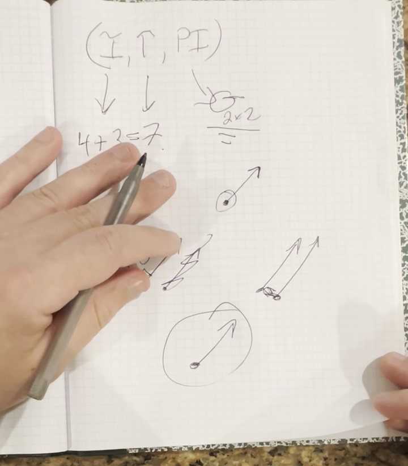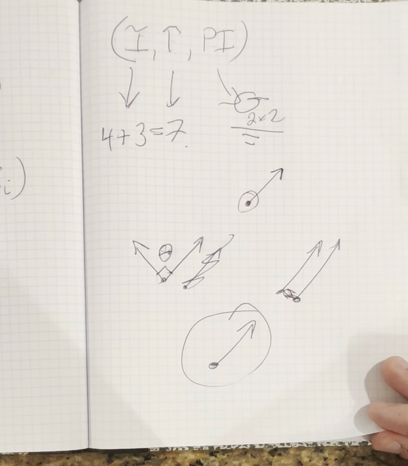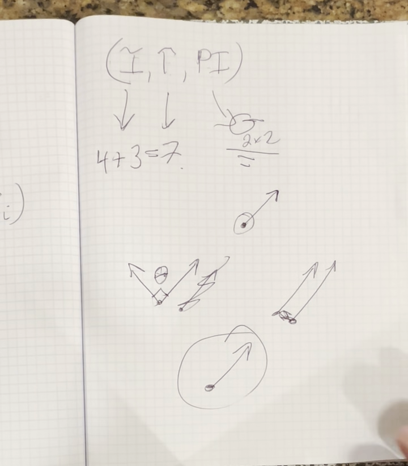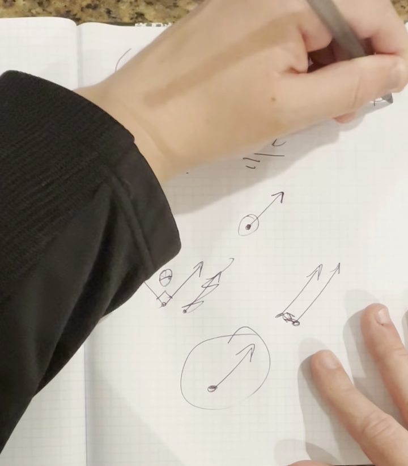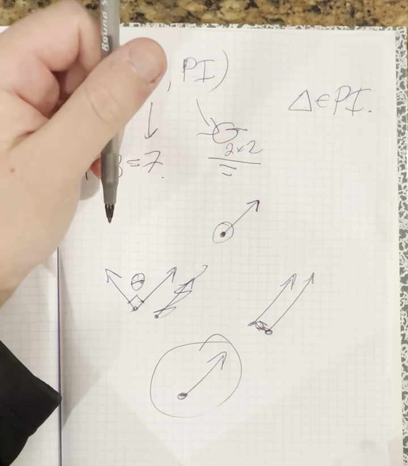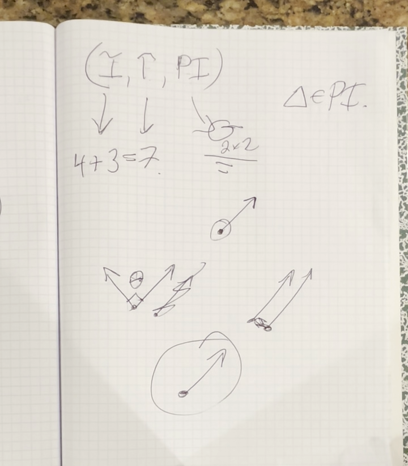It's kind of hard to describe, but I hope you get the point: the elements of the piecewise isometry group, call them delta, can induce angle deficits, or angular deficits, and twist, basically creating non-trivial holonomy subgroups.